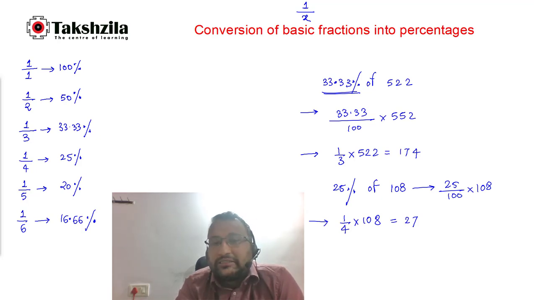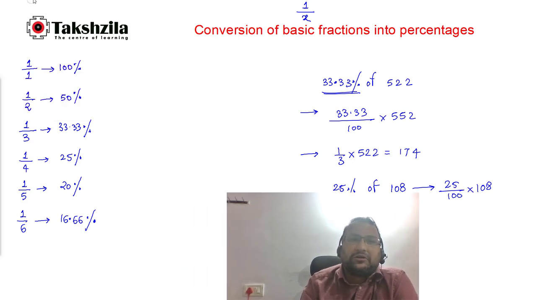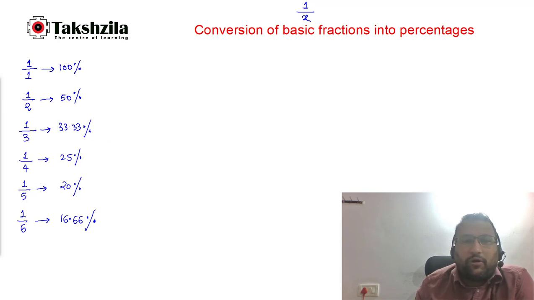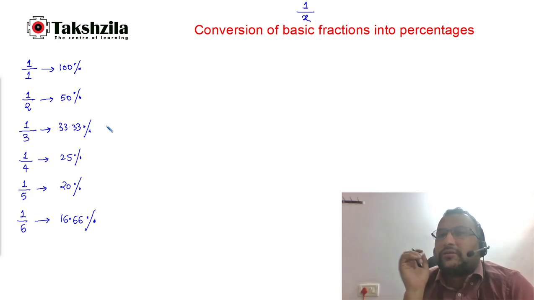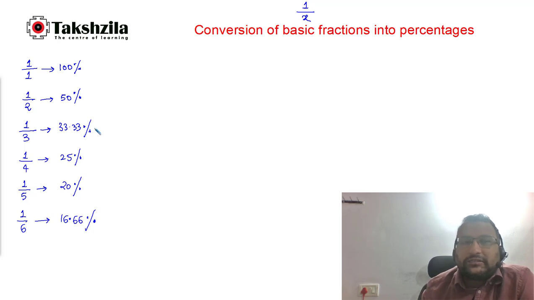So now let's continue with this list. Now before we continue with this list, hold on. 1 by 3 is 33.33%, but most of the time it is not written as 33.33%. If you see, this is not exact 33.33, this is 33.333 and so on.